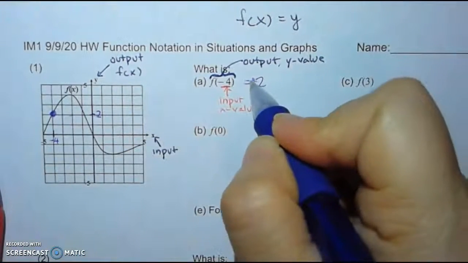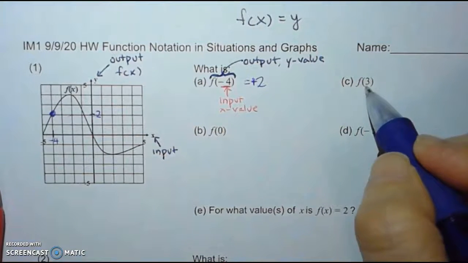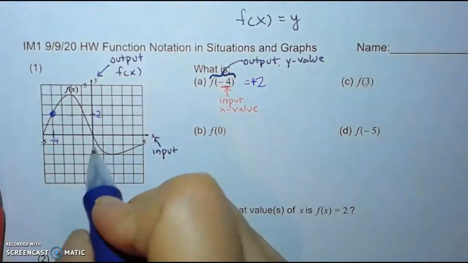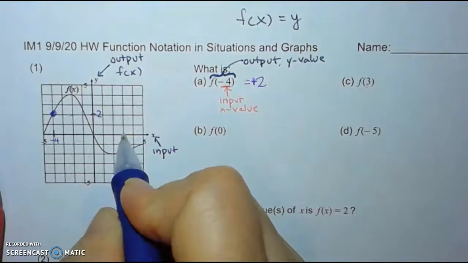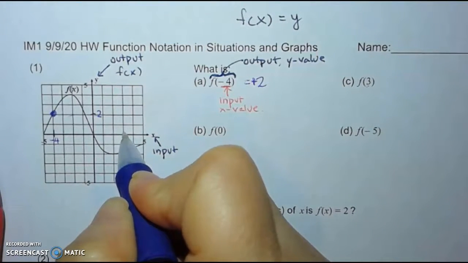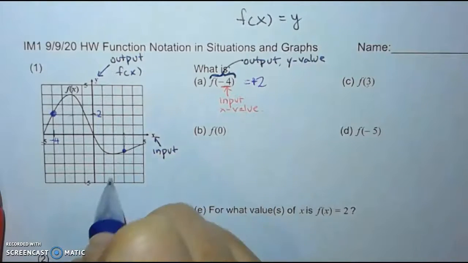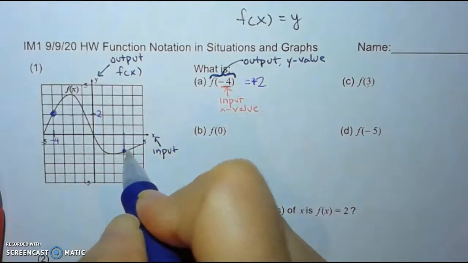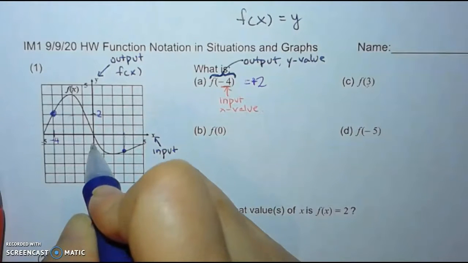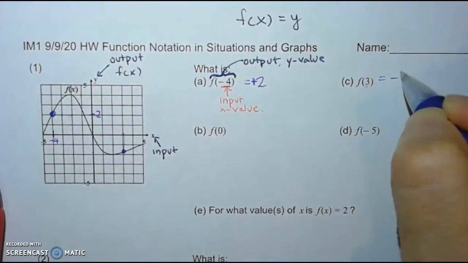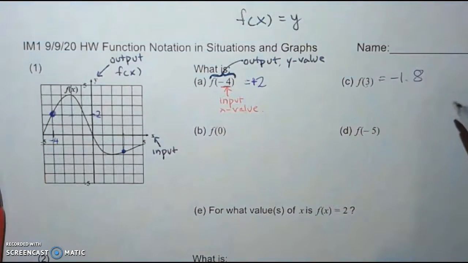So this is +2. What about f of 3? That means the input, the x value, is 3. Where is 3 here? 1, 2, 3. X is 3 here. That means where is the graph? Graph is right here. What is the y value of this point? Y value is, let's see, -1.8, or something like that.